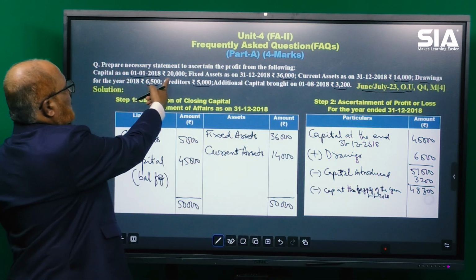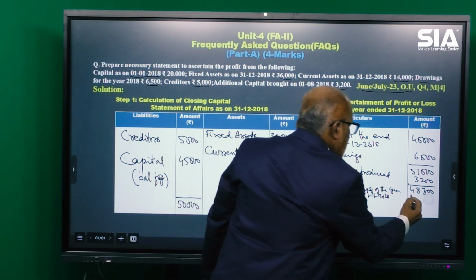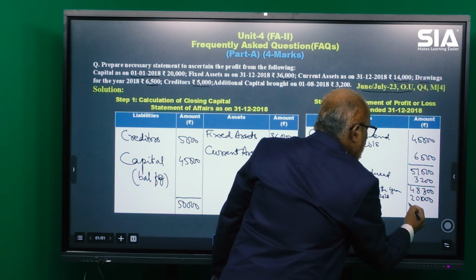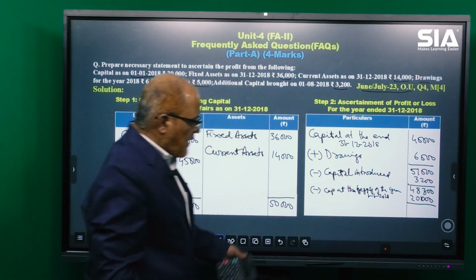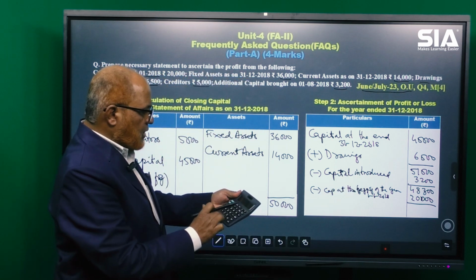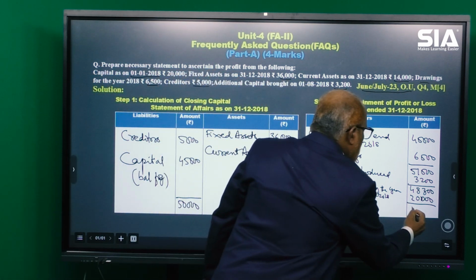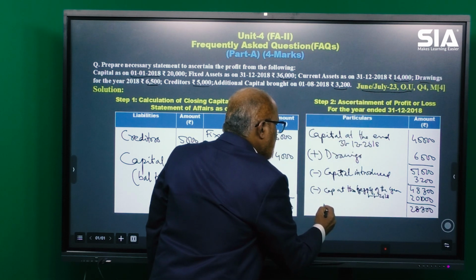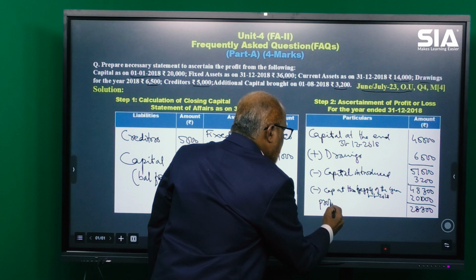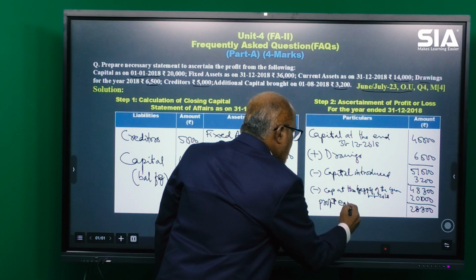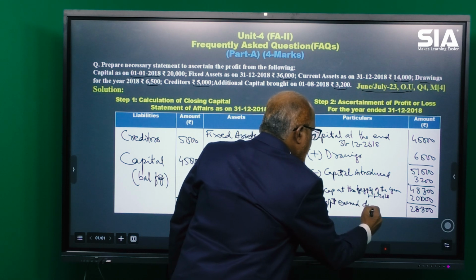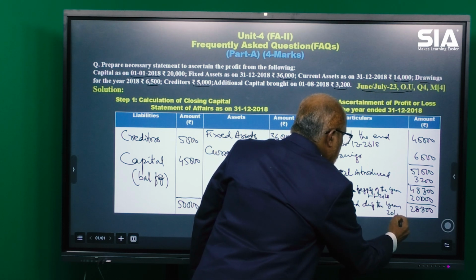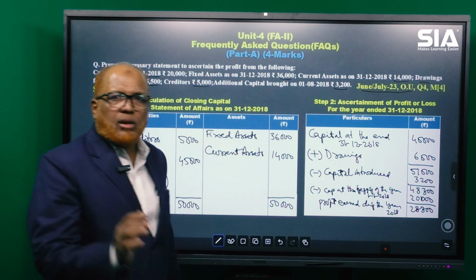How much is the capital? 20,000. Subtract 20,000. So 48,300 minus 20,000, you will get 28,300. This is the profit earned during the year 2018.